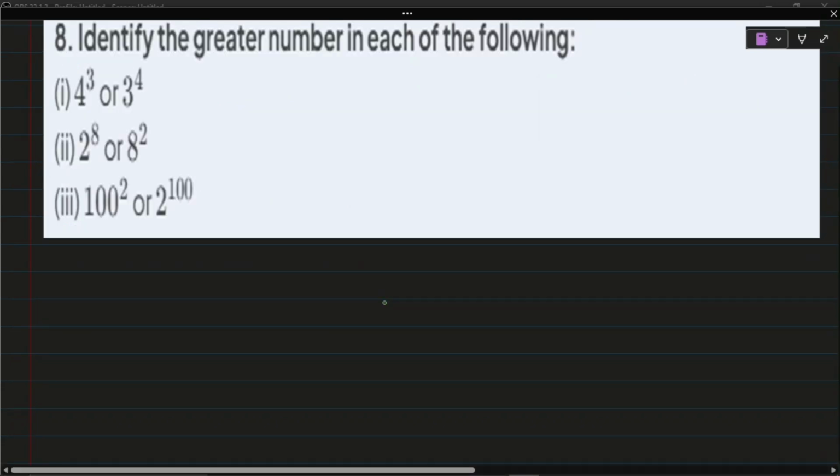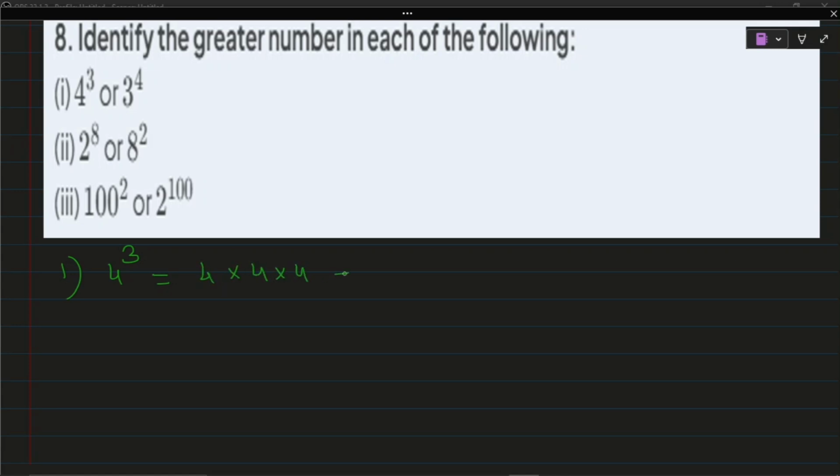Now we will discuss question number 8. Identify the greater number in each of the following. The first one, 4 raised to 3 and 3 raised to 4. First we will take 4 raised to 3, that means 4 multiplied by itself 3 times. So this answer is 64.